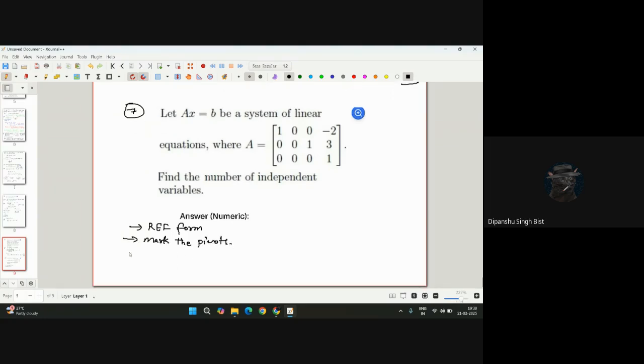And then the variables corresponding to the pivot columns are your dependent variables.